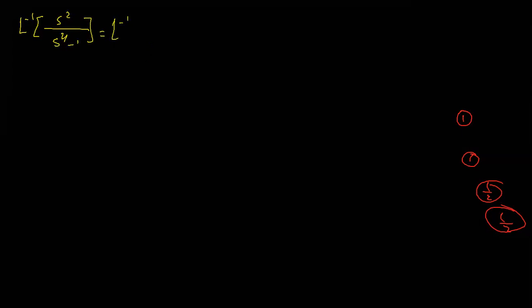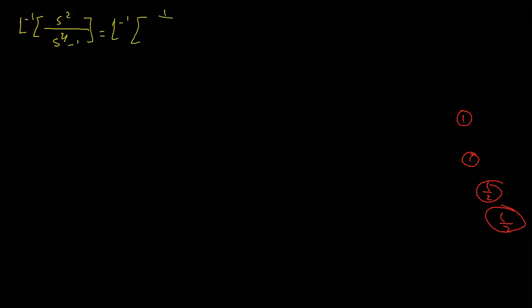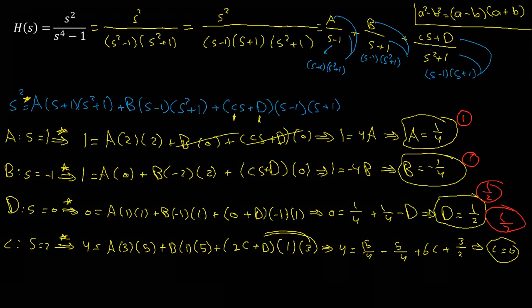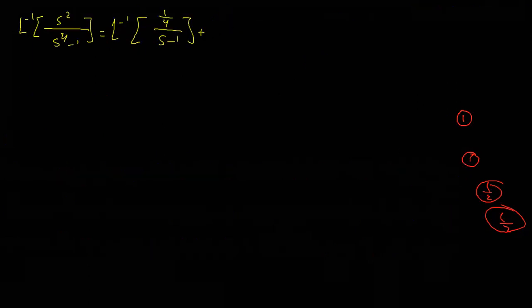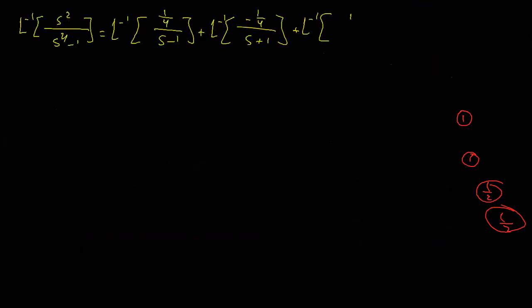It is a over s minus 1, and a is 1 over 4. Laplace inverse of 1 over 4 of s minus 1, plus b over s plus 1, so negative 1 over 4, Laplace inverse of negative 1 over 4 divided by s plus 1, plus Laplace inverse. My c is 0 here, as you notice, so no need to write c. The d is half over s squared plus 1.